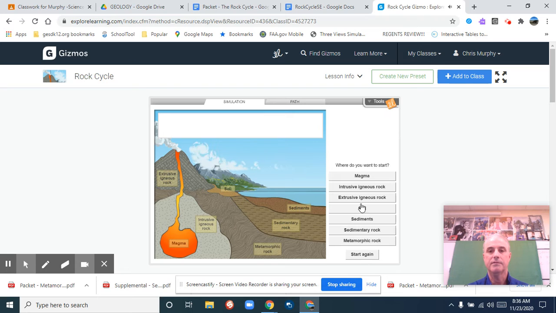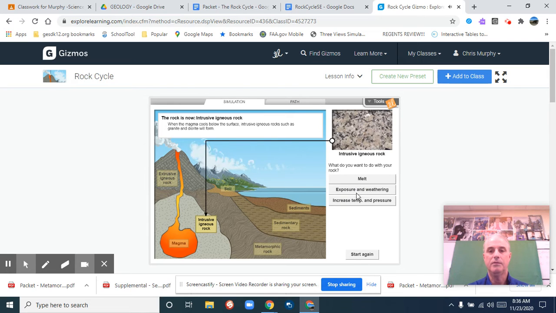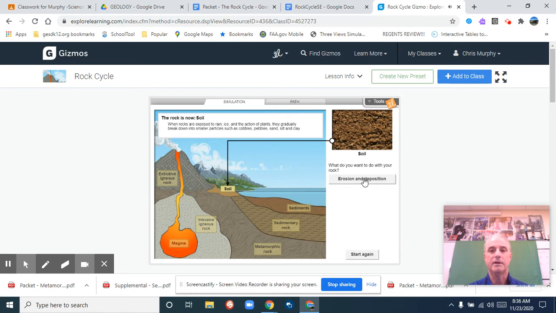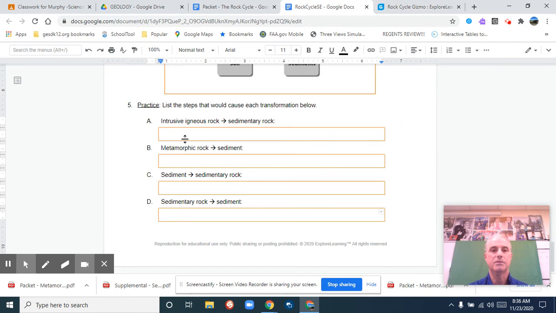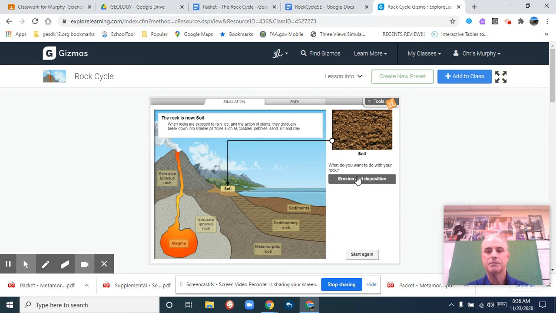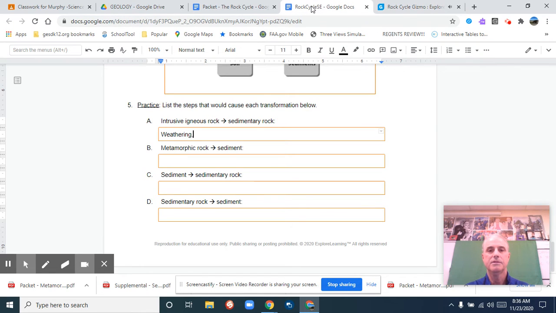We start with igneous rock, and we used exposure and weathering, so weathering would be part of it. We put weathering, a comma, and then erosion and deposition.